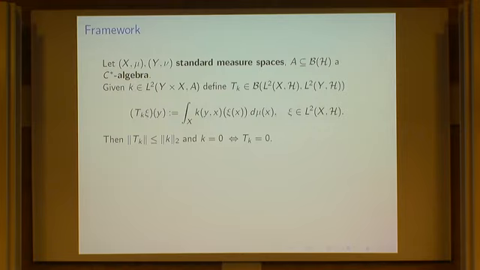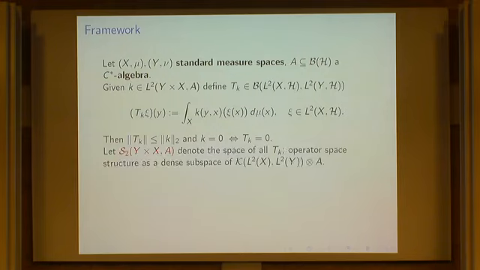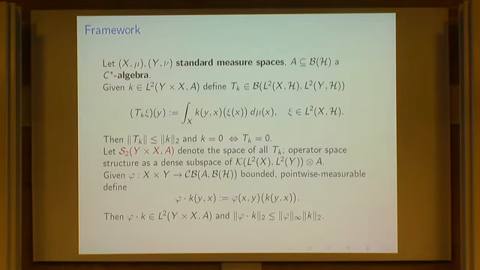It satisfies a nice property: it's zero only when k is zero. These are just trivial things one sees immediately. And then the operators of this form are dense, now not in the compact operators as before, but in the minimal tensor product of the compact operators with the C*-algebra A.